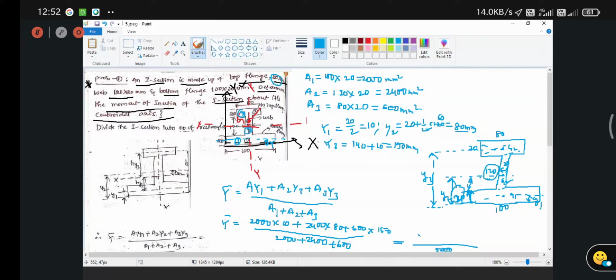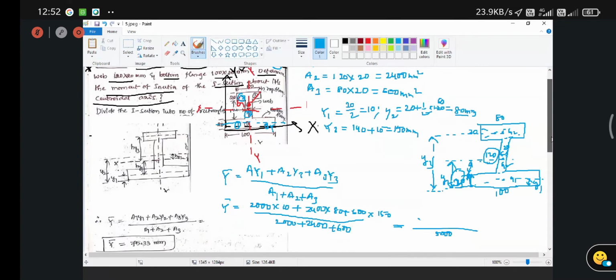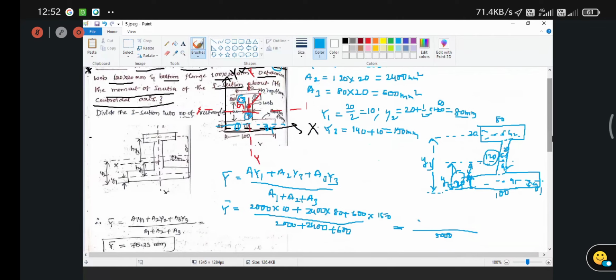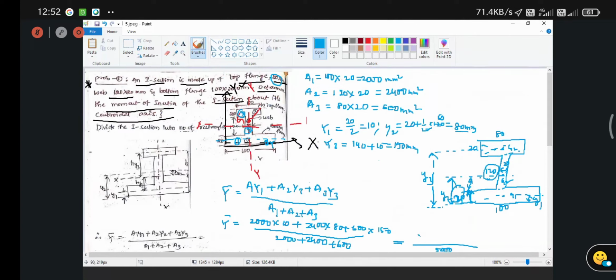So area 1, how much are we going to get? I think we have done some mistake here, so we will check it.